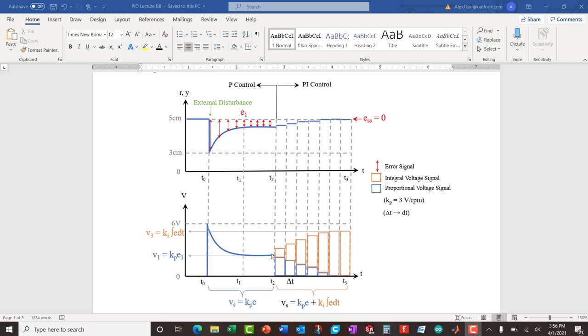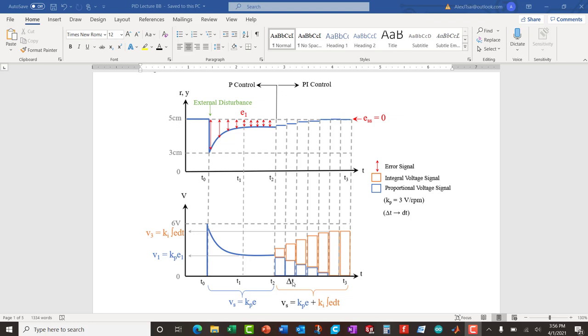So this line, supposedly, right, you're adding this much in terms of voltage. These orange rectangles represent integration of a previous value of the error. Now, what that causes is it increases the signal a little bit, rather the position of the ball getting closer and closer to my reference of 5 centimeters.